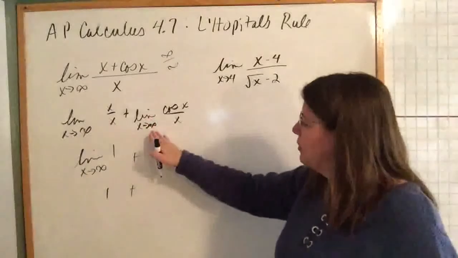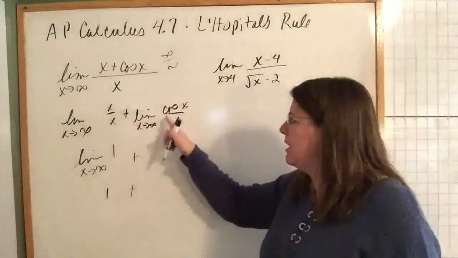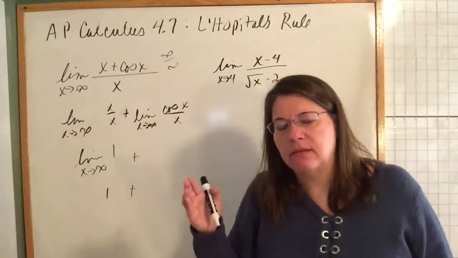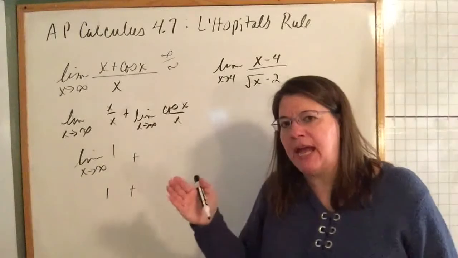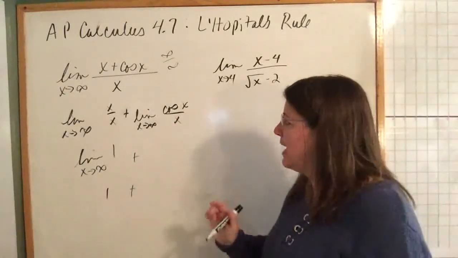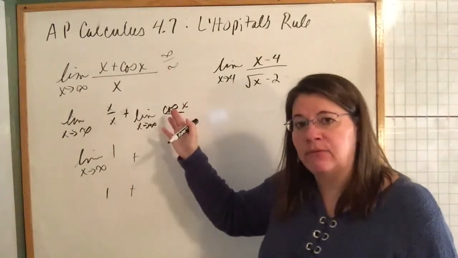the limit as x approaches infinity of cosine x over infinity. Well, if you think about cosine of x, no matter how big my infinity or my number that I'm plugging in for x gets, isn't that going to fluctuate between 1 and negative 1 all the time?